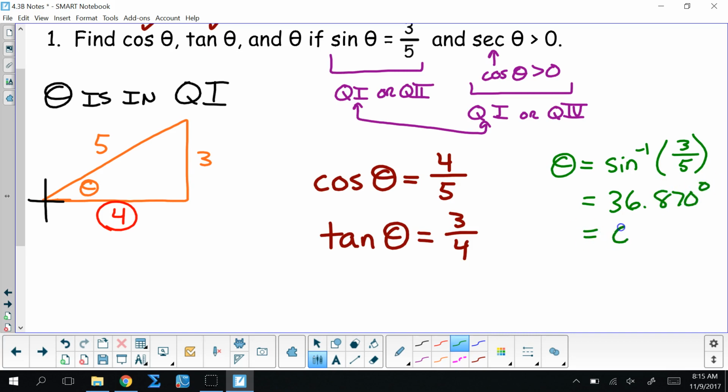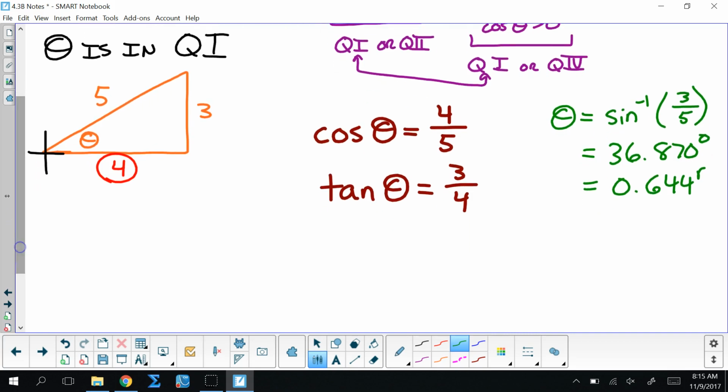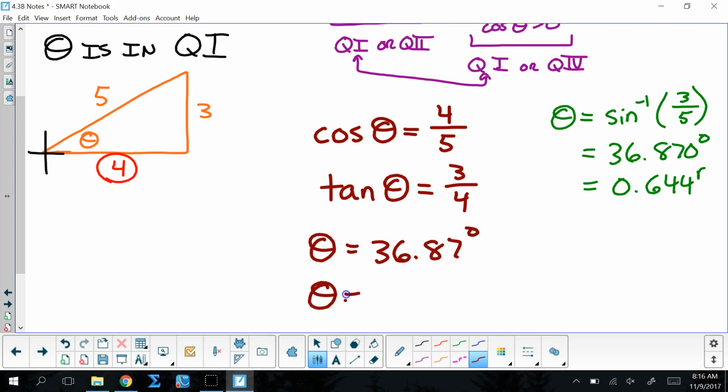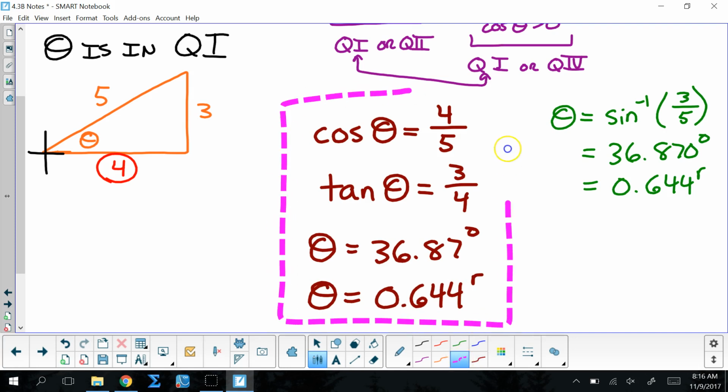In radians, that would be 0.644. And there's my 3 answers, depending on which one we say.